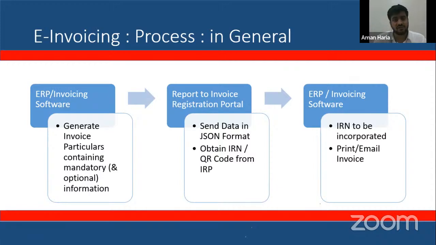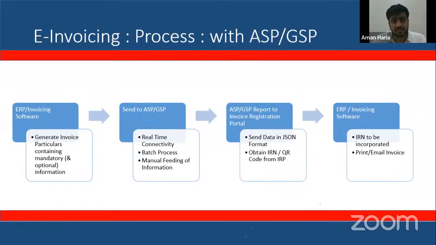For others who have large number of tax invoices issued to B2B customers regularly, for them probably manual process will not be advisable. What they can do is probably in their ERP or invoicing software, you punch in the details for generation of invoice, whatever their details are, your name, customer details, service or goods details, rate, quantity details, amount.